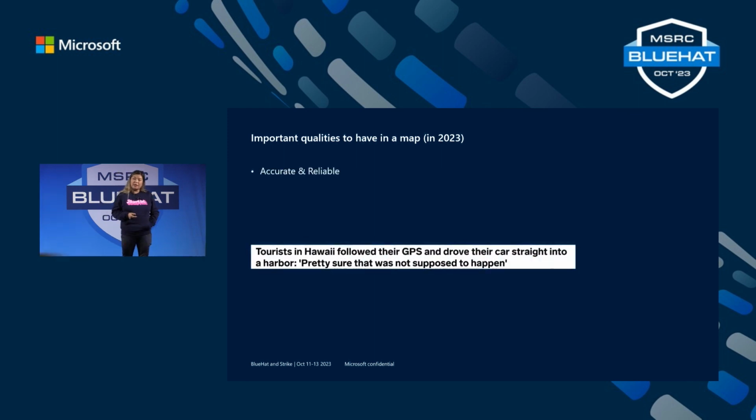First, we really want our maps to be accurate and reliable. Accuracy is kind of a given, right? Because it would really suck to drive your car into a harbor, and it would really suck for me to deliver a report that says I accidentally broke into the wrong place. Or even worse, if I say, hey, I accidentally broke a service as a part of my work, right?